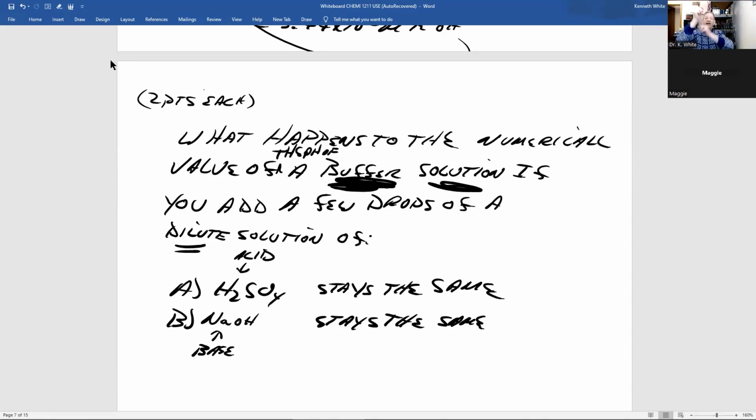By the way, your blood is a buffered solution. If the pH of your blood gets too low, it's acidic, you have what's known as acidosis, and it'll probably kill you. If it gets too high, I don't know what they call that.